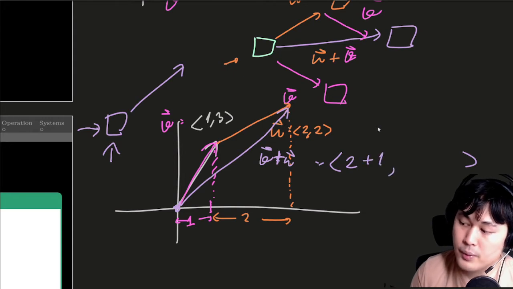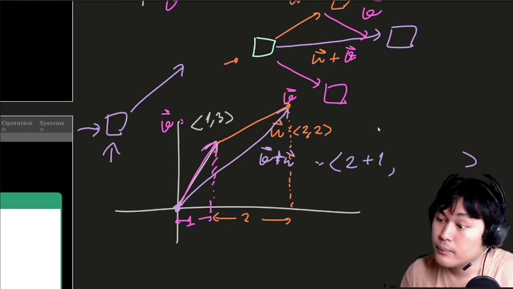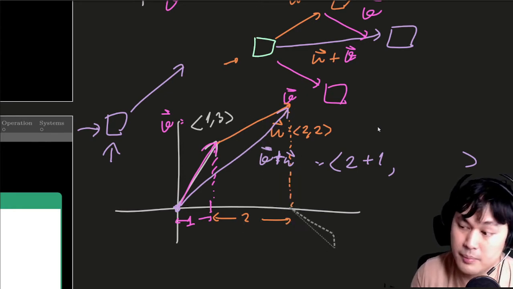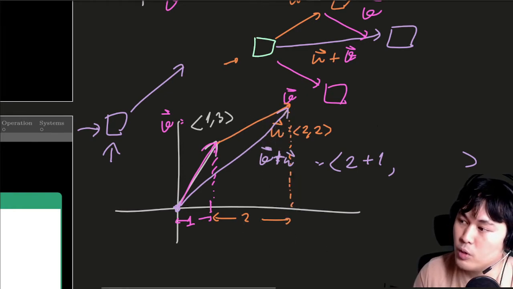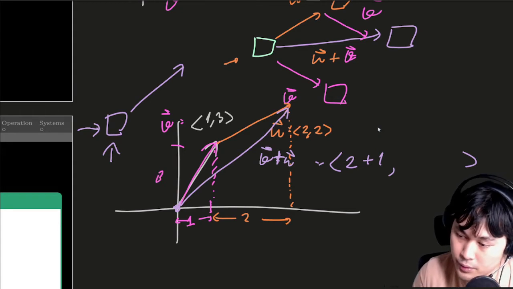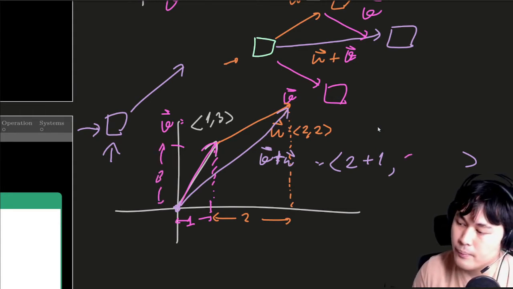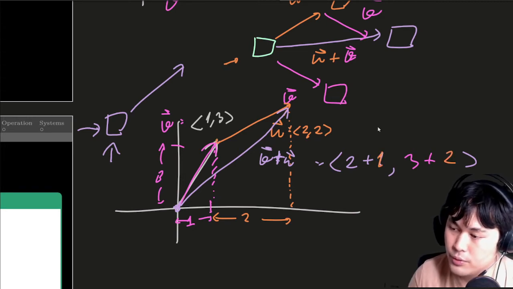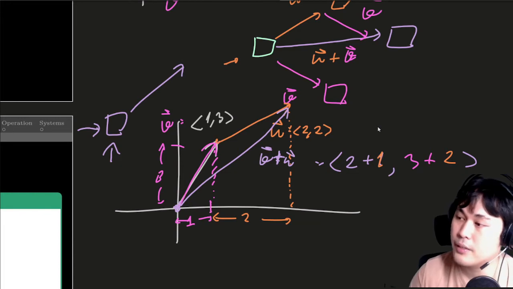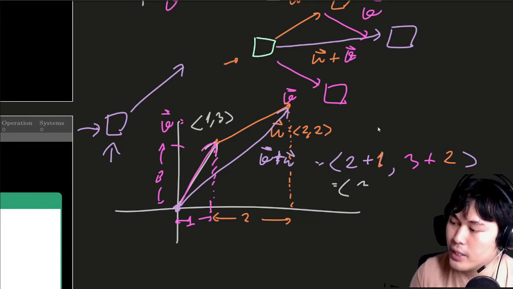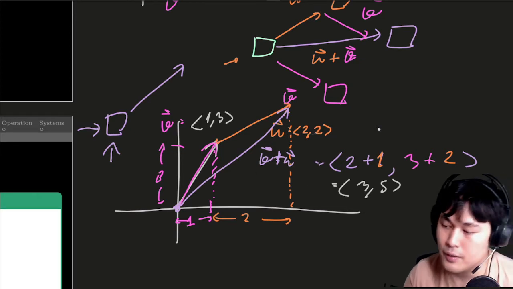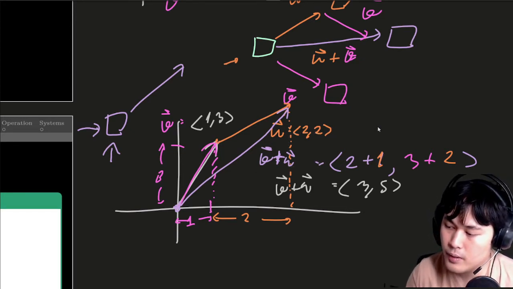So that's 2 plus 1 visually. And of course, that's the same thing in the other direction. If you move 3 steps up using the vector v, the first movement, and then you move 2 steps up using the vector u, the second one, you get 3 plus 2. That's how you get 3 and 5 as the final vector, as the final addition of these vectors.